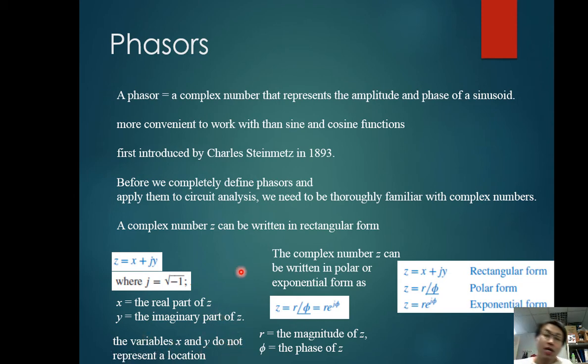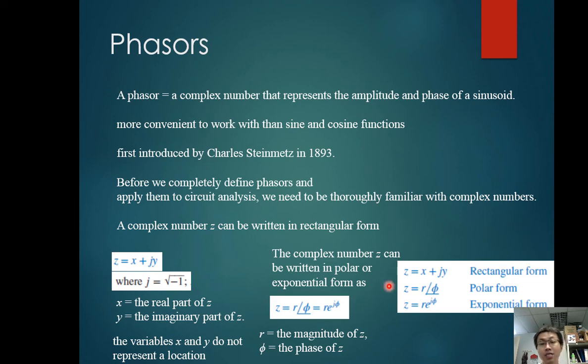So the complex number z can be written in polar or exponential form. So we have three forms. One is rectangular, one is polar, one is exponential form. It depends on your application. So for example, in polar form, z equals r angle phi. In an exponential form, z equals r e to the j phi, where r is the magnitude of z, phi is the phase of z.